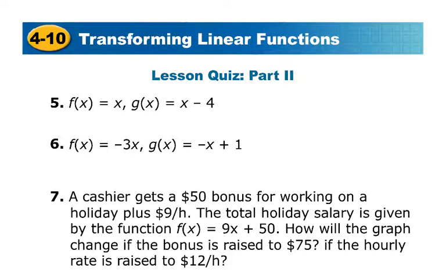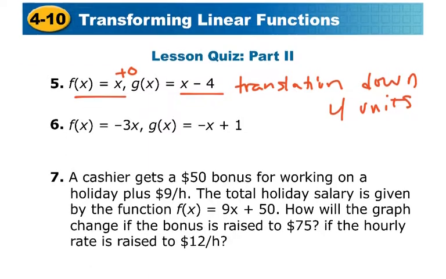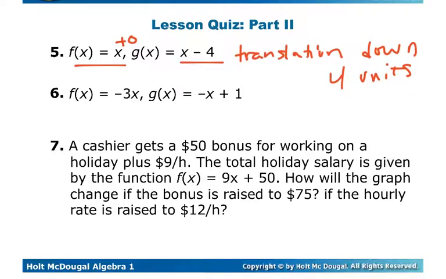Alright, the next ones, we've got the parent function here. They're saying how does it get from x to x minus 4? Well, this used to be 0, and now it's minus 4, so this would be a translation. And it turns out we go down 4 units. And then the last one of this type, we've got negative 3x, and now negative 1x, and then plus 1. So I think there's two things happening here.